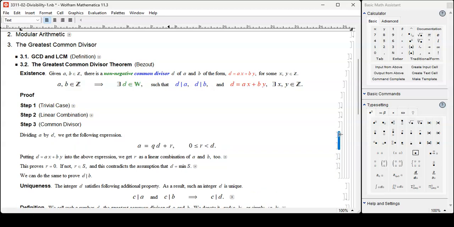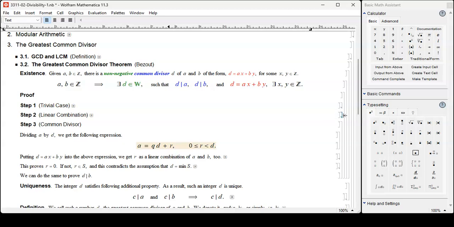Let's begin with the division algorithm. Divide A by D, and you get some QD plus R, where R is the remainder, so it's always greater than or equal to 0 and strictly less than D. Already, a proof by contradiction is forming here.